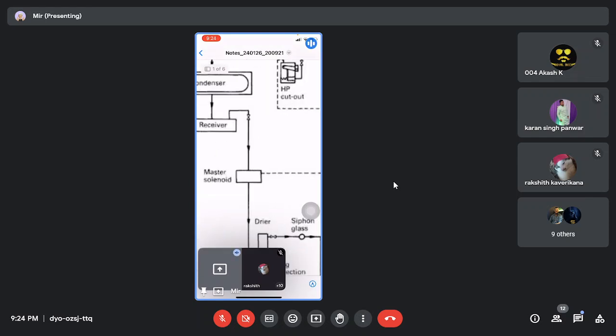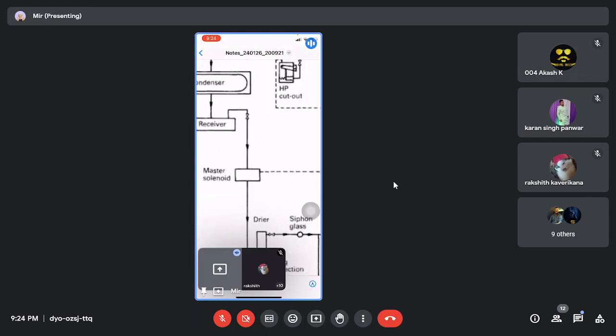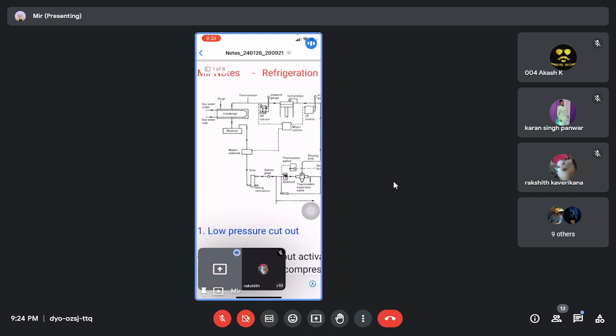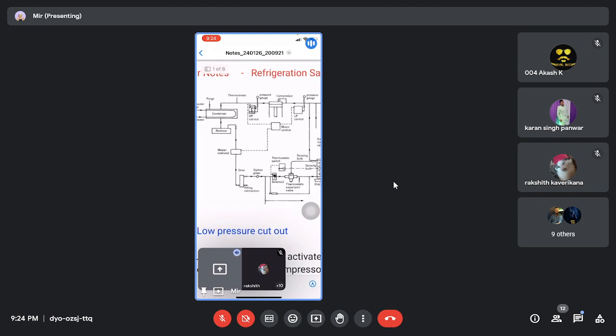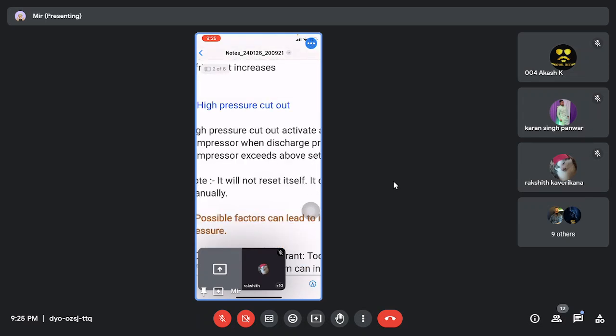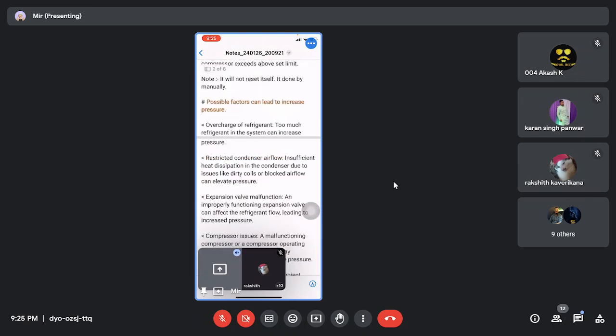And the master solenoid valve is one in the main line after the condenser, and it switches off and on electrically. It is connected to the low pressure cutout and high pressure cutout by the motor control. Okay, got it.